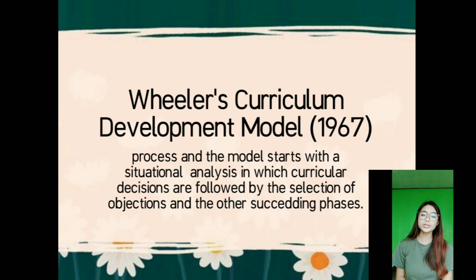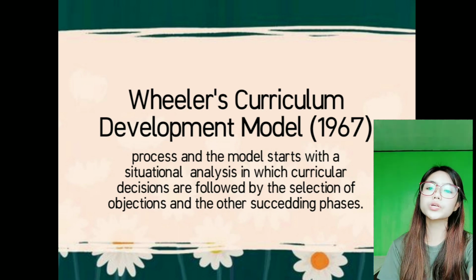Number 2, Wheeler's curriculum development model in 1967. The model starts with a situational analysis, in which curricular decisions are followed by the selection of objectives and the other succeeding phases.